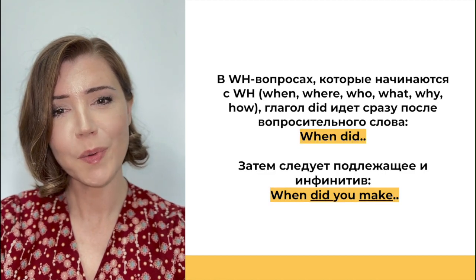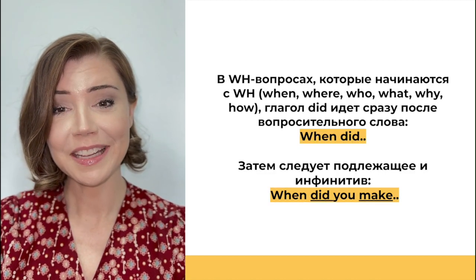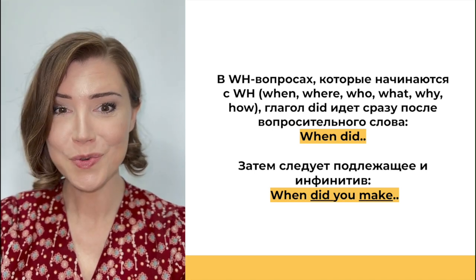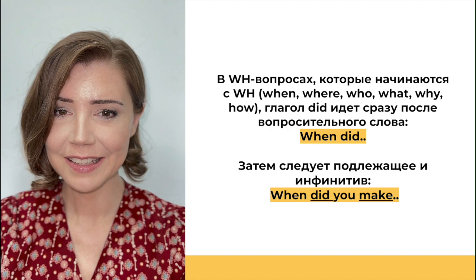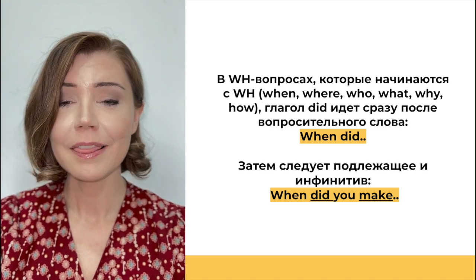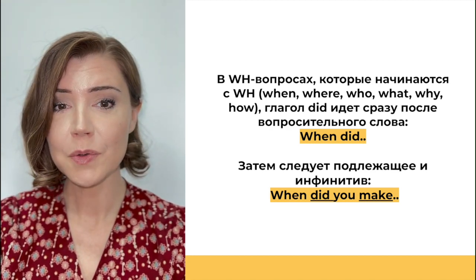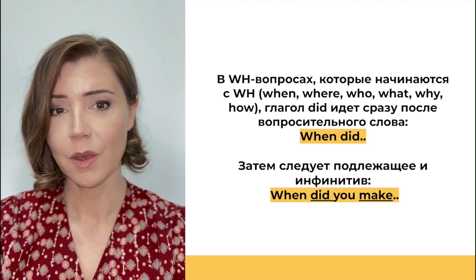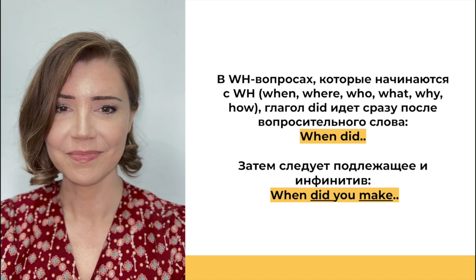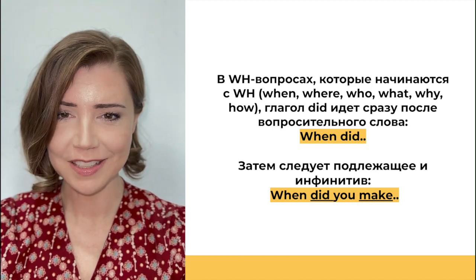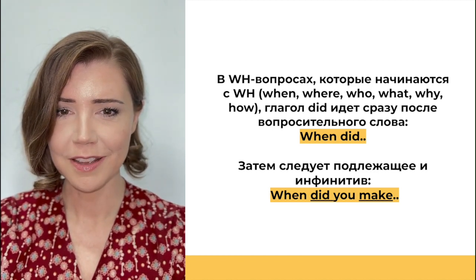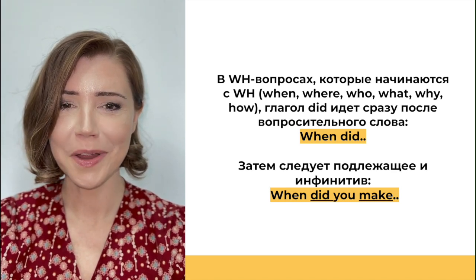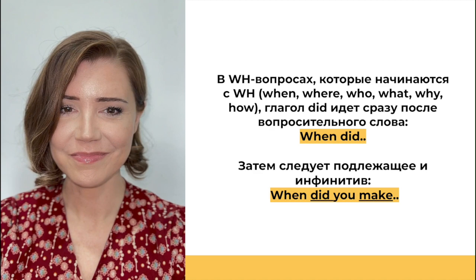Now with WH questions, meaning questions that start with when, where, who, what, why, and how, the did verb follows immediately after the question word. When did? Then the subject and infinitive follow. When did you make?